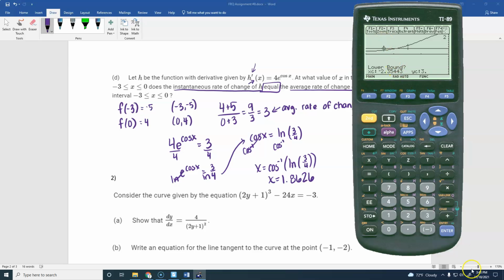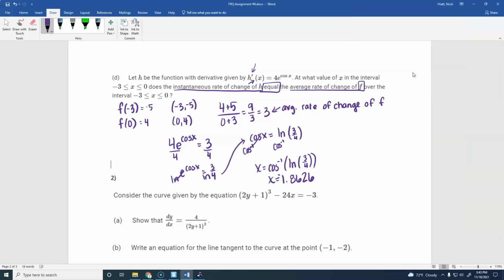But lower bound would be down here somewhere. Upper bound would be to the right of that intersection. And you can see here that you get, oh, I didn't write down my negative, you get 1.8626 here. So that's what you would get here.